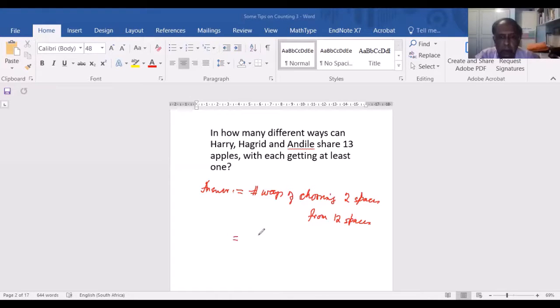And as we saw, we already know the answer to this. This is 12 times 11 over 2, because here the objects are spaces. The number of ways of choosing 2 objects from n objects is n into n minus 1 over 2, and we are using this again. Alright, so there are 66 ways.